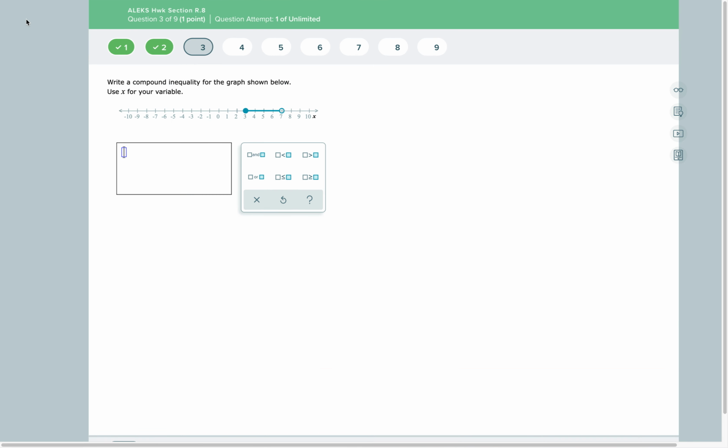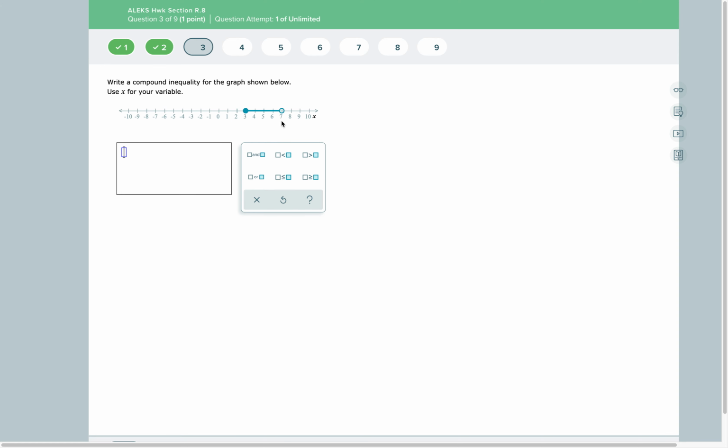For the next item, it says to write a compound inequality for the graph shown below using x for your variable. With this particular line segment, we have a closed circle on 3, and we have an open circle on 7, and everything in between 3 and 7.